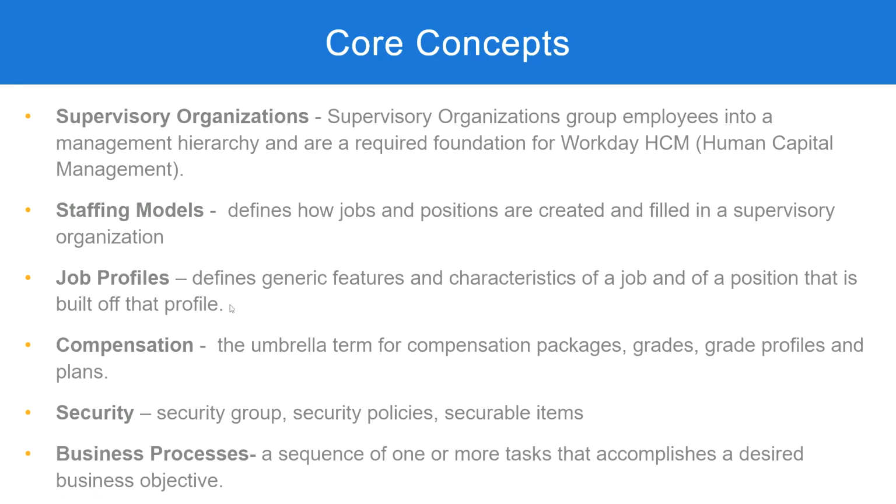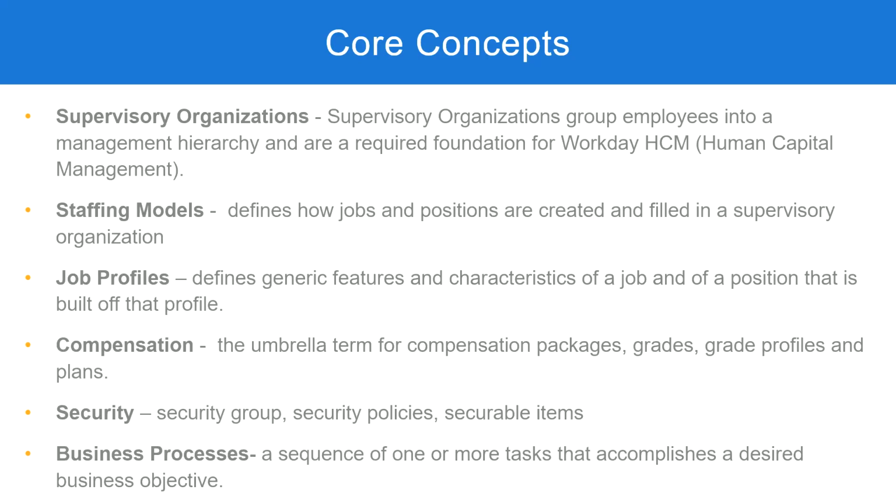And the last core concept is business process. Now, a business process is a sequence of one or more tasks that accomplishes a desired business objective, right? Like we discussed about, let's say, the hire process. There will be a sequence of tasks that needs to happen before you hire a worker, right?